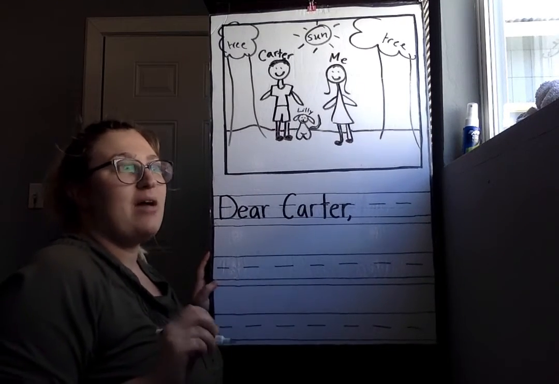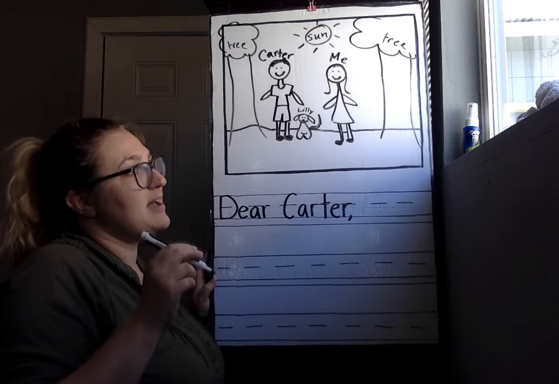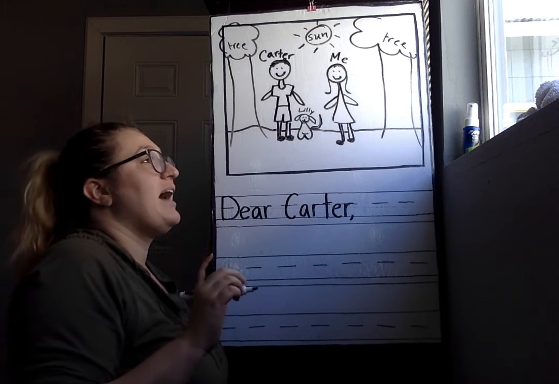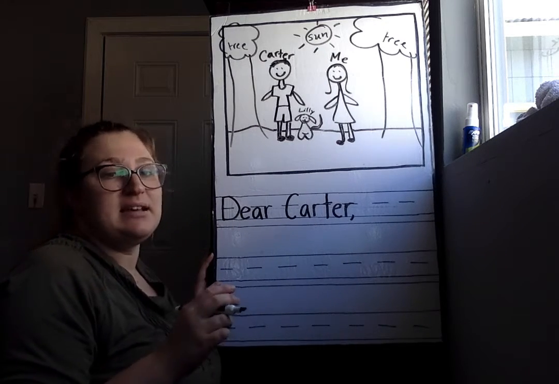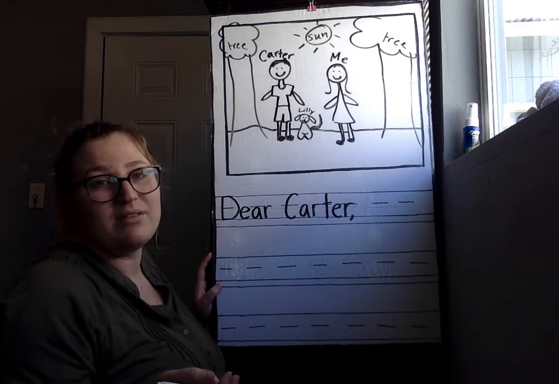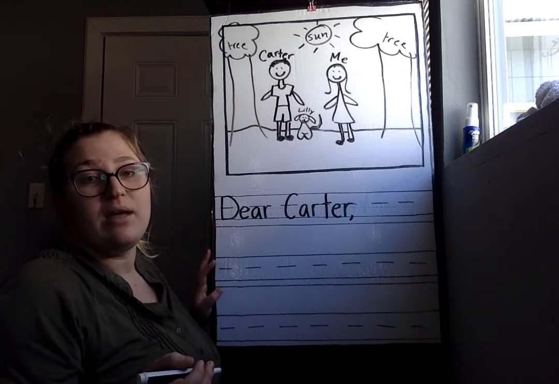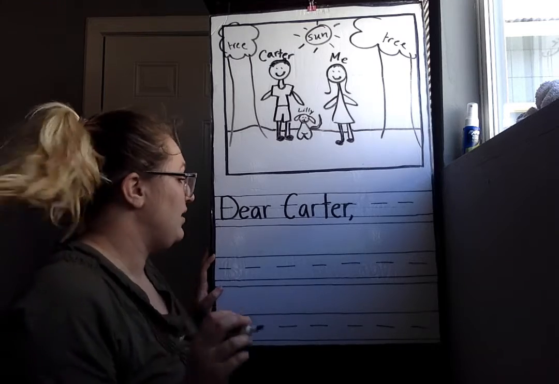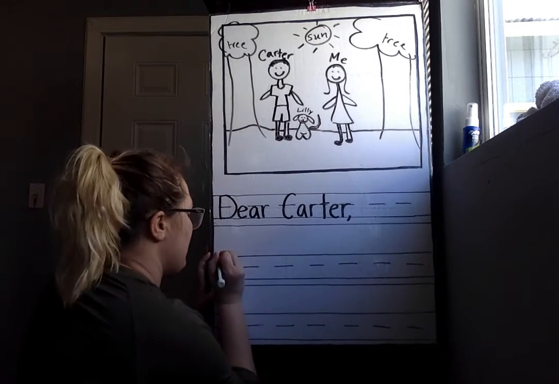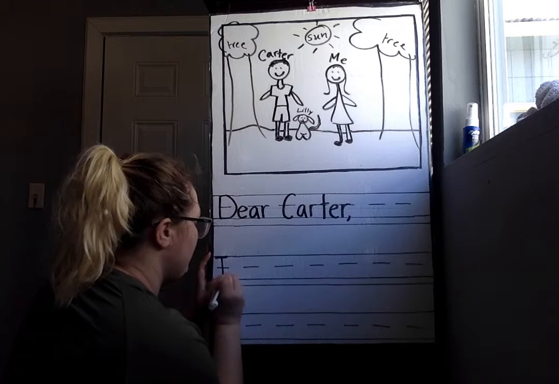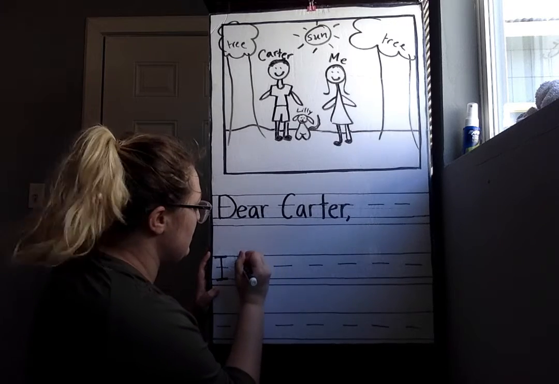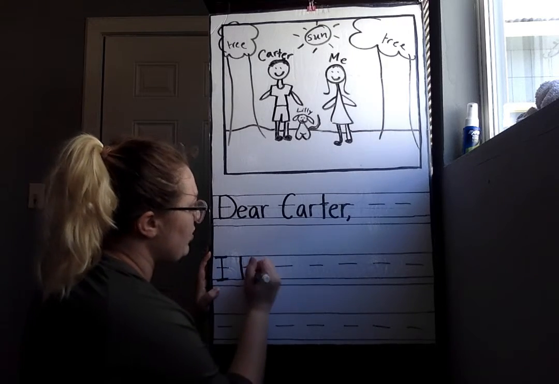I'm going to say, and we got to make sure we plan out our sentences ahead of time. I'm going to tell him that I love him and that I miss him because he doesn't live in New Orleans. He lives far away, so I miss him a lot. So I'm going to write, I love you, and then I'm going to write, I miss you, okay? I, capital letter to start our sentences, a space in between our words.